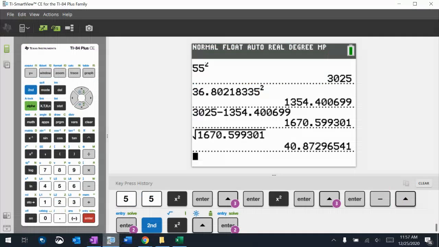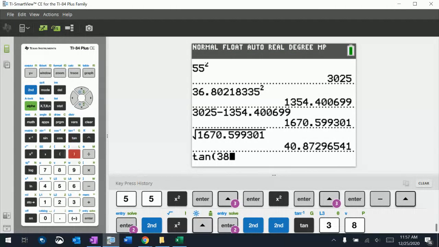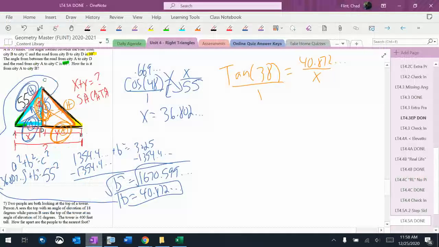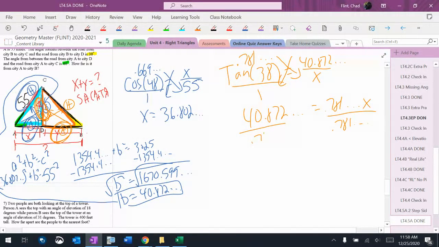Now I'm going to do the same process I've been doing. I've got a lot of decimals, but that's okay because I can deal with them. The tangent of 38 is 0.781. So 40.872 and so on equals 0.781 and so on times x.